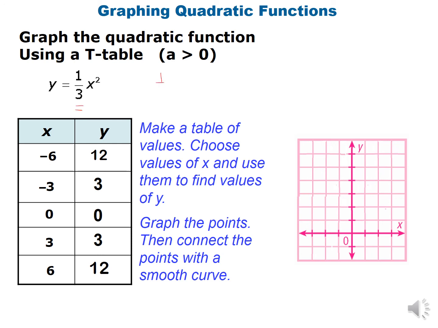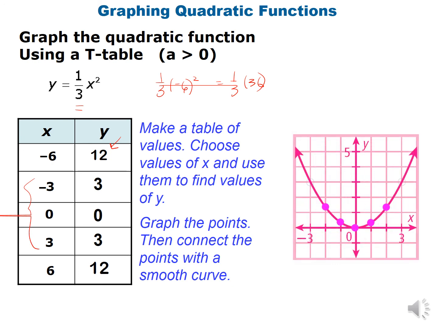So 1/3 times -6 squared equals 1/3 times 36, and that's where I got my 12. Once I get over to my graph, I see that 12 is off the graph, so I'm just going to graph these 3, and when I'm done, my graph should look nice and symmetrical.